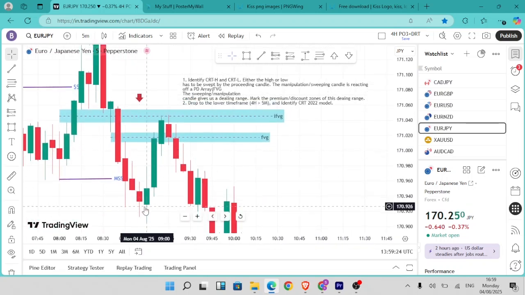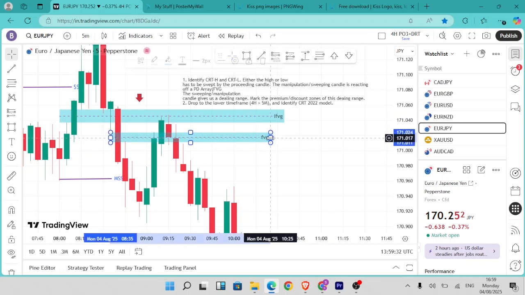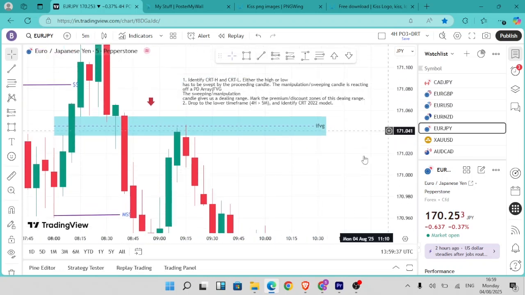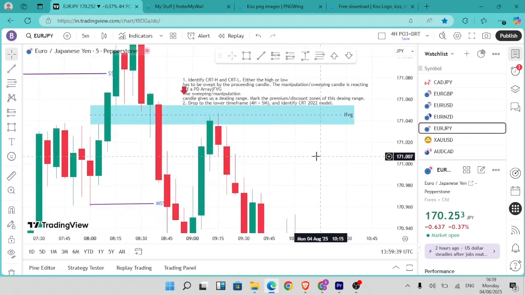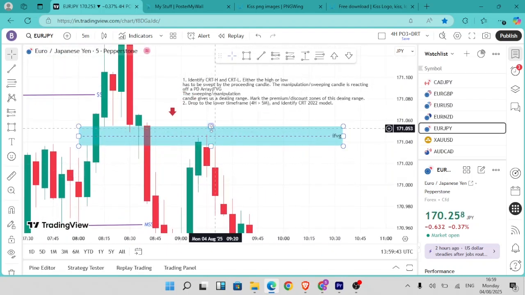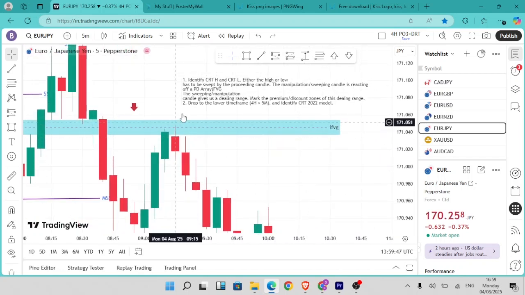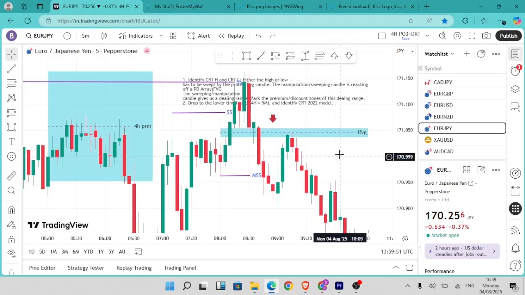You can see price comes back up, violates this fair value gap and respects the inverted fair value gap. Therefore, this fair value gap is not meaningful anymore, right? And then you can see price drops to go lower. So there's a reaction off this inverted fair value gap and price drops.